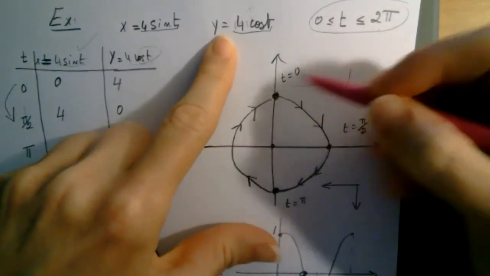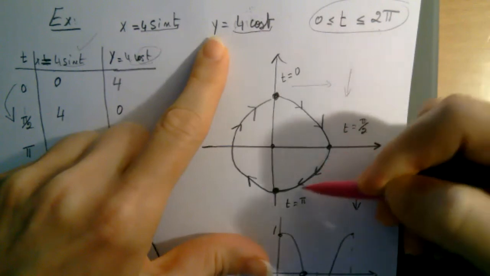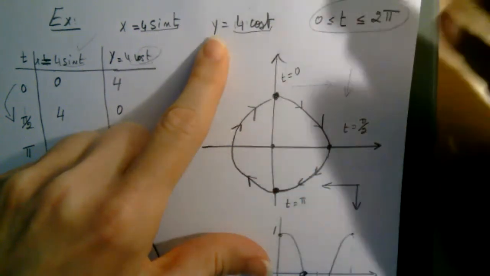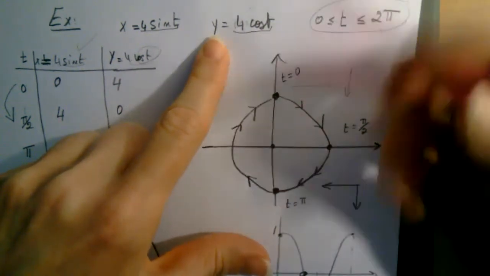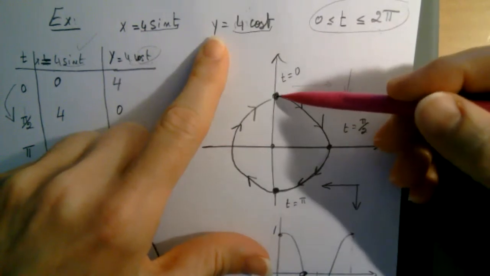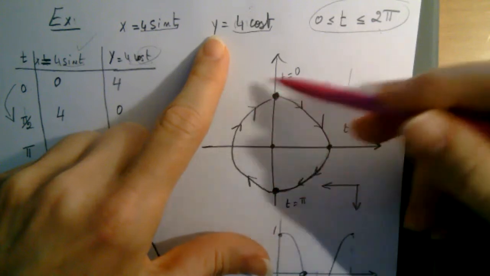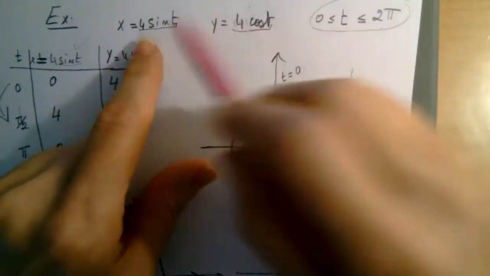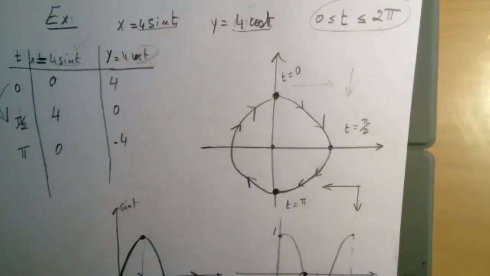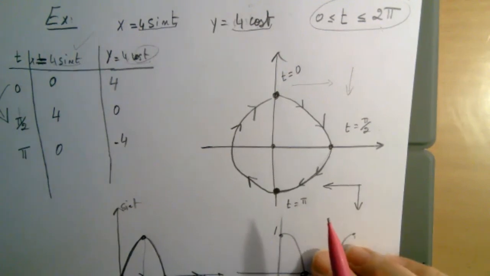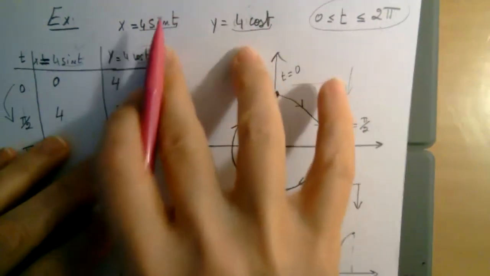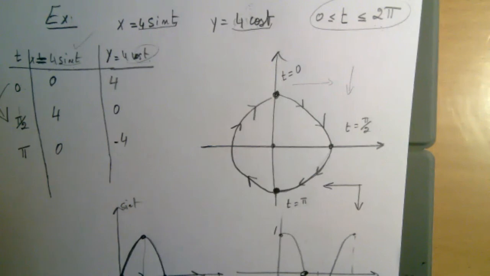I will get a particle which is moving on this curve that Sarah told me is a circle. She's right, but we're going to figure it out in a moment. So it's moving on the circle in the clockwise direction. If I play with those a little bit, I can let it move in the counterclockwise direction, but this scenario will move it in the clockwise direction.